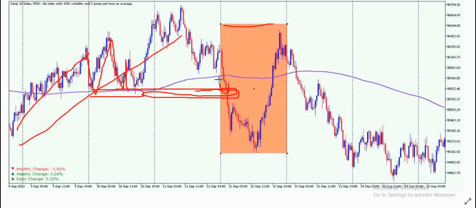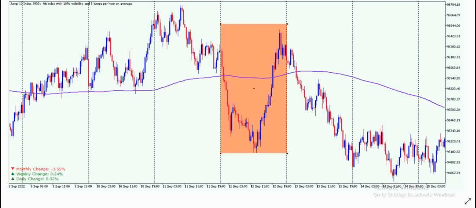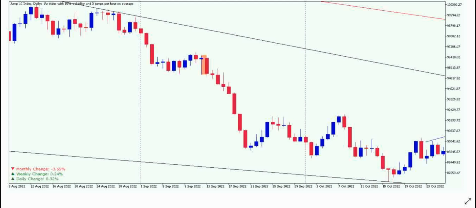Sometimes it works, sometimes it doesn't, but as a tip for the next video that is going to come: whenever I'm looking at support, I'm looking at support as a wick. Let me share why I say this. This is the last 2-day candle before this indecision candle.